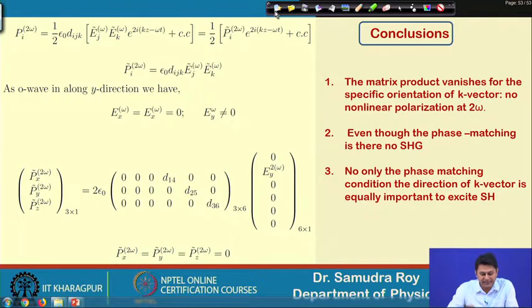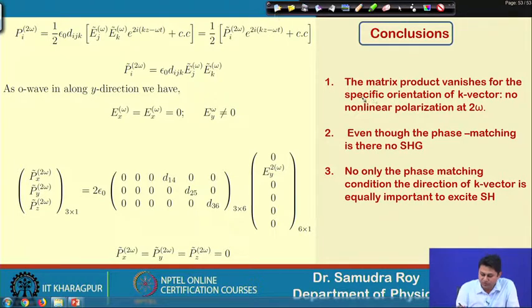First, we see that P x, P y, P z can be 0 even though the phase matching condition is there. So, launching of the k is very important, the azimuthal angle is important. If I launch the k vector along the x-z plane, the phase matching is still there, but that cannot ensure that the second harmonic will be generated.